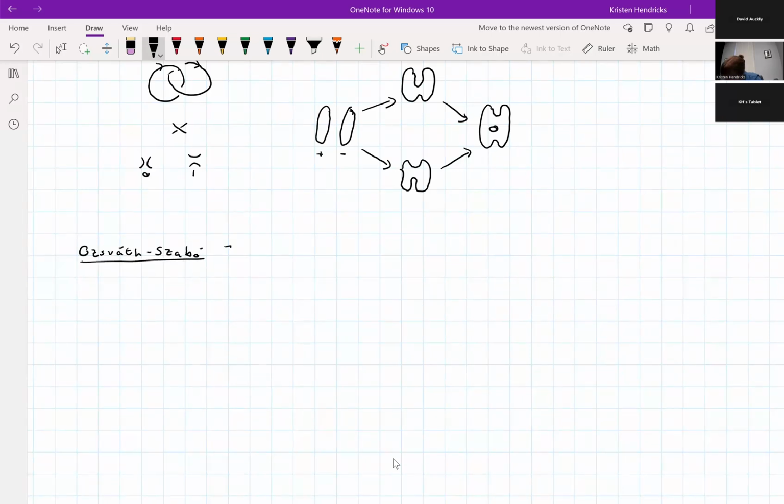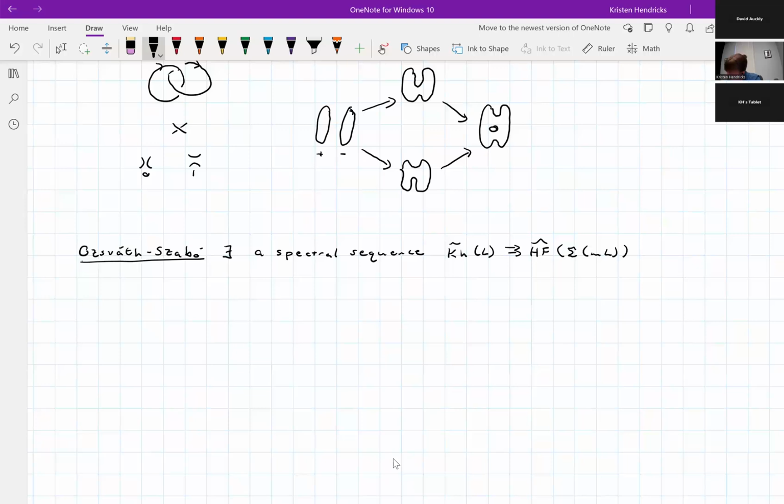They showed that there's a spectral sequence from something related to the Khovanov homology of the link, we'll explain that in just a moment, to the simplest version of Heegaard Floer homology of the branched double cover of the mirror of the link. I should not use a bar. That's a bad idea. Let's use an M.